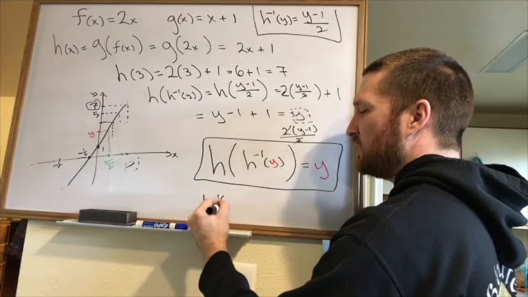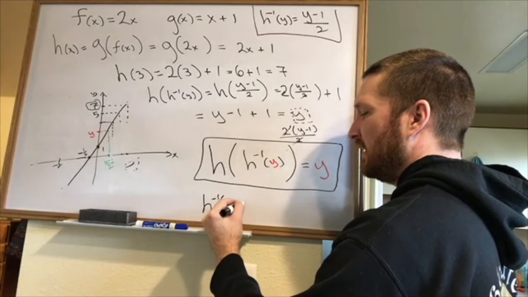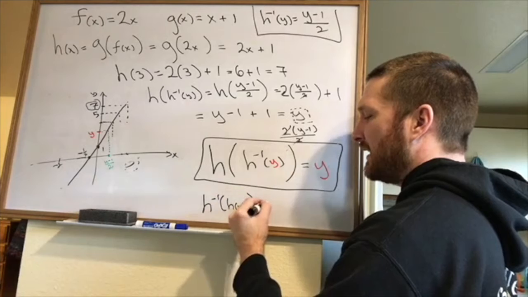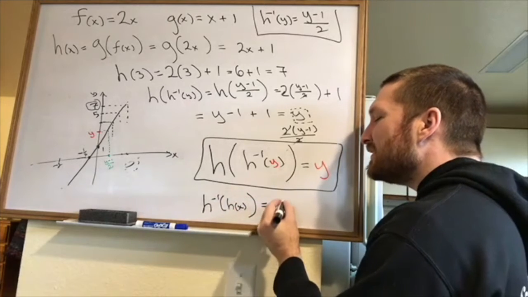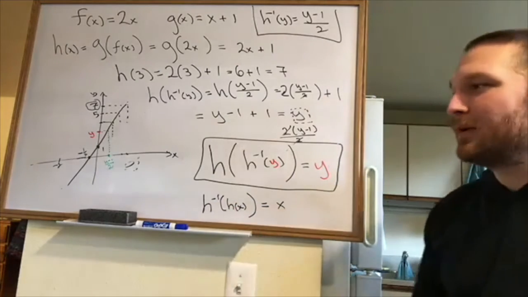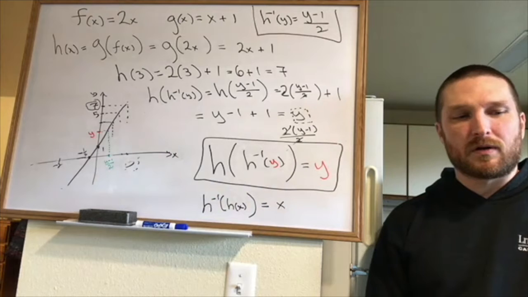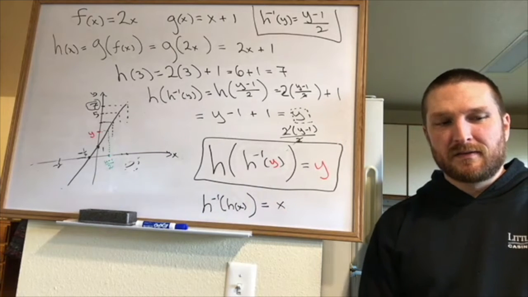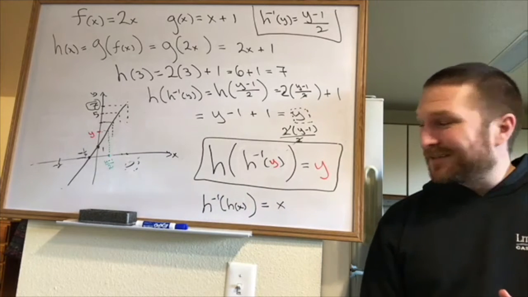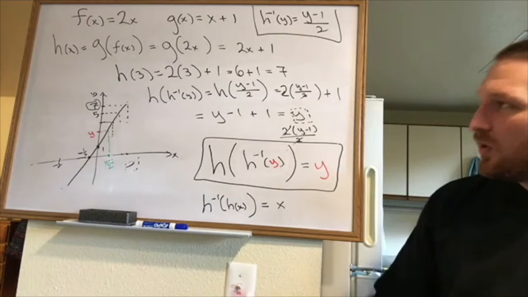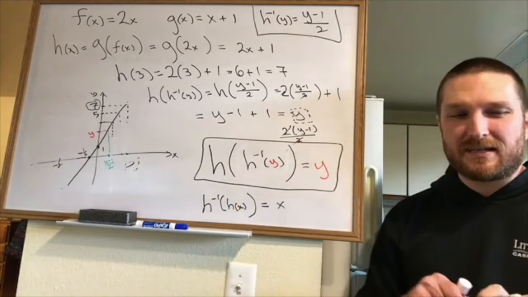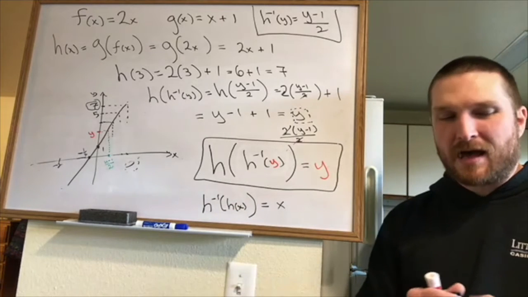But this one, where you do the function first, and then you pull it back, it should give you your x back, but it might give you more back. We'll get into that later. That's not really the point. But what I wanted to show you is a nice way to kind of round this off.